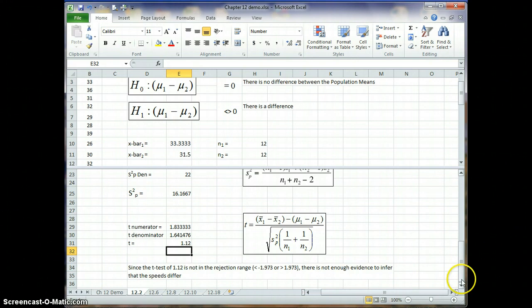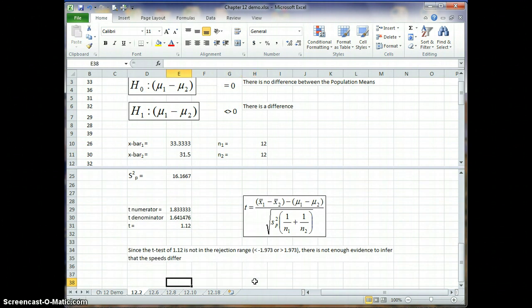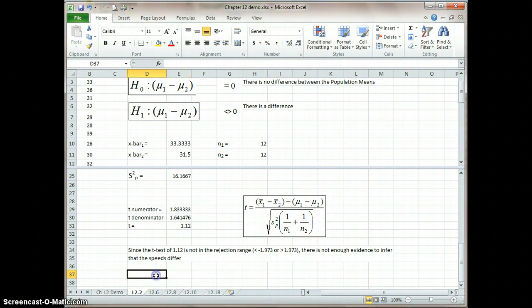And I guess what I should have done in the sample, I lost it, is the t that I didn't calculate. Just one second. Alright, I'm back. I realized on that rejection range that I had a little issue there that I'm going to correct right now.